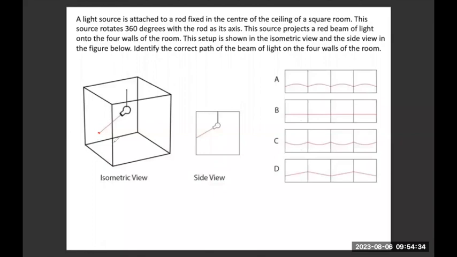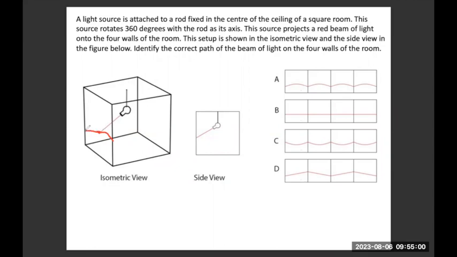Kashti, you are wrong. It will move downward because the distance has increased. The light source is fixed. If the light source were to move along with it or rotate itself, only then it goes upward. If it is moving downward, which means the center point of the wall will be the highest point of the light source trajectory, and as it moves towards the edge, it goes down.